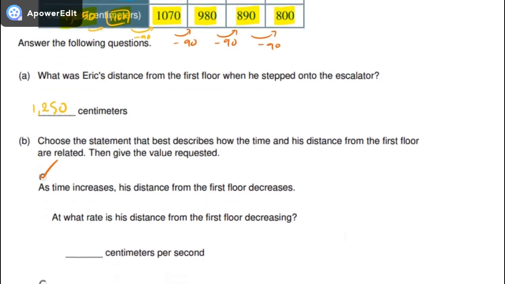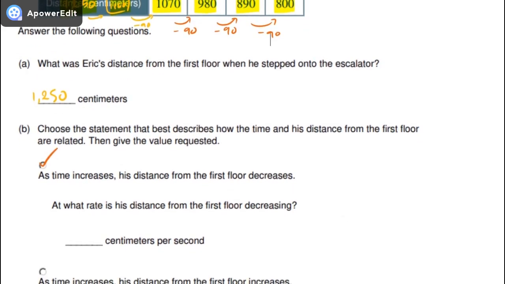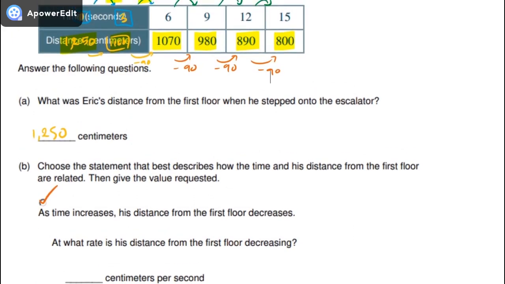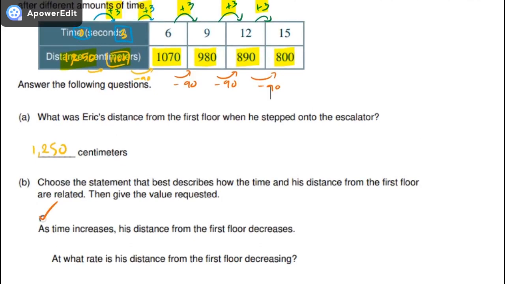Okay. At what rate is his distance from the first floor decreasing? It's just asking you for the slope. Similar to the last problem, we pick any 2 points and find the slope. I'm going to pick the last two because the numbers are easy to subtract: 12, 890 and 15, 800. I'll label these x1, y1, x2, y2.